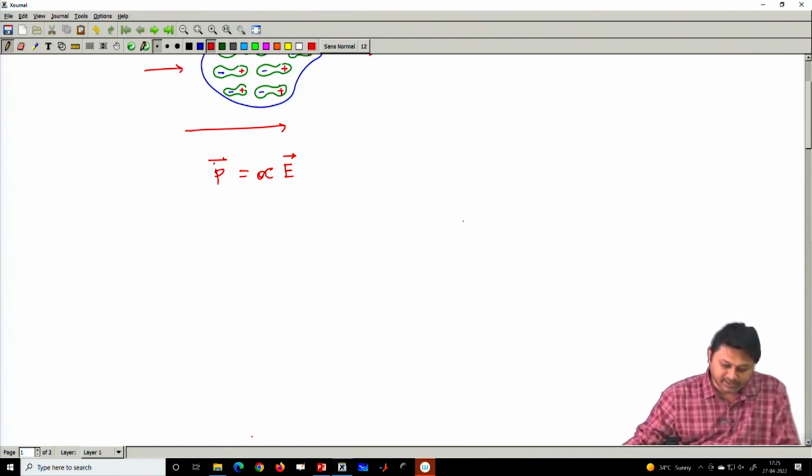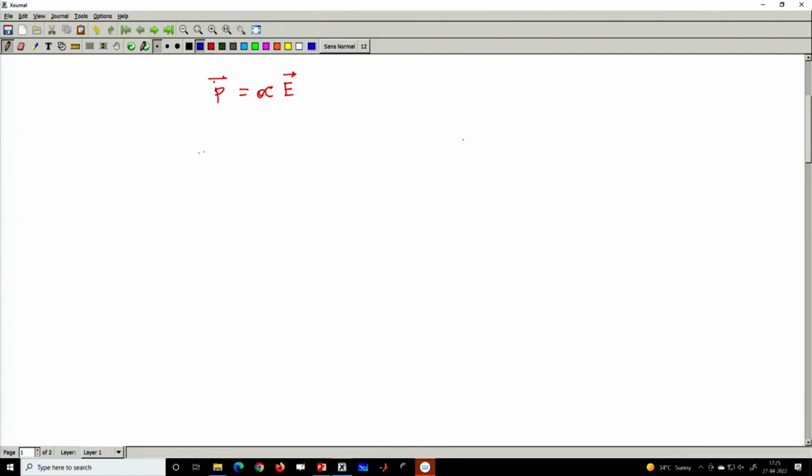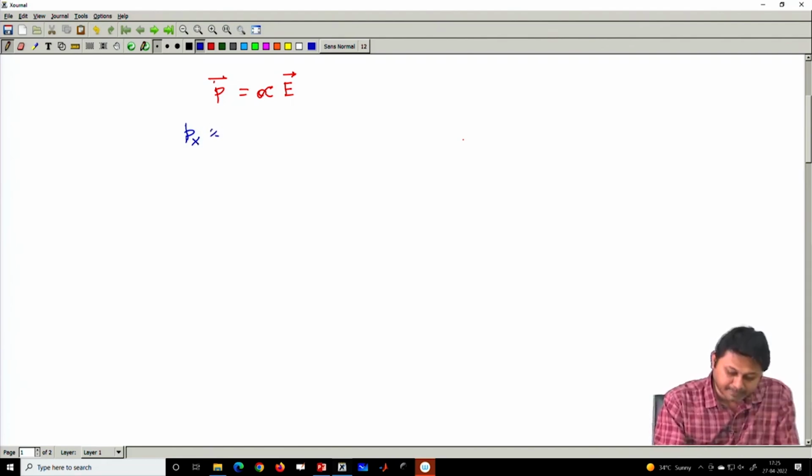P is proportional to the strength of the applied electric field. In vector form, P equals Px x unit vector plus Py y unit vector plus Pz z unit vector.